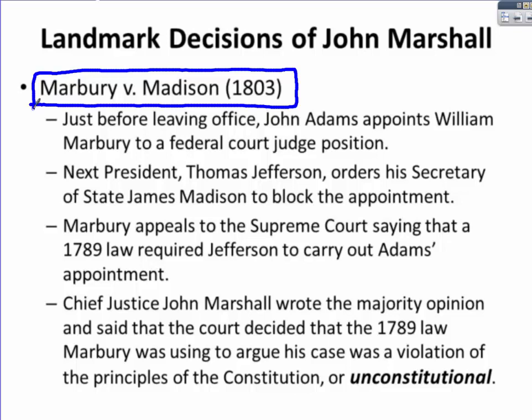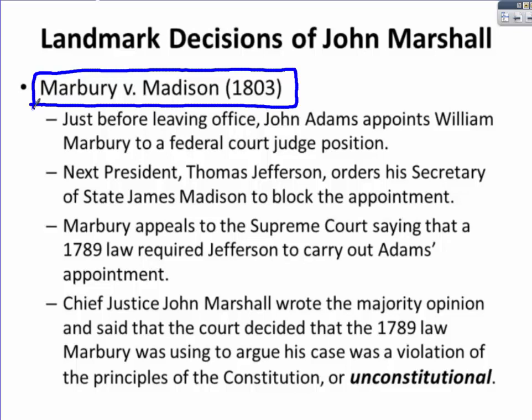Marbury appeals to the Supreme Court, saying that the 1789 law, the Federal Judiciary Act, required Jefferson to carry out Adams' appointment. Chief Justice John Marshall wrote the majority opinion and said that the court decided that the 1789 law Marbury was using to argue his case was a violation of the principles of the Constitution, or unconstitutional.